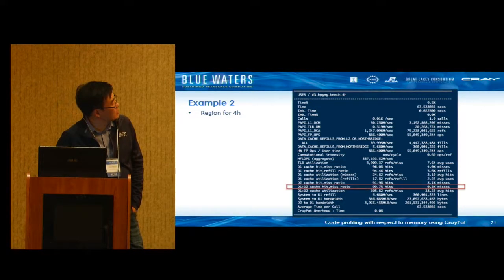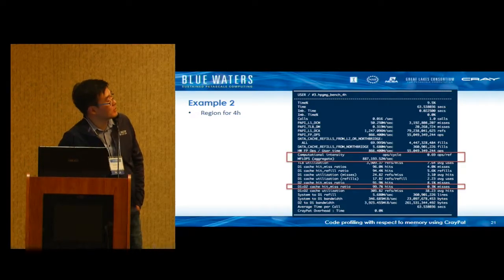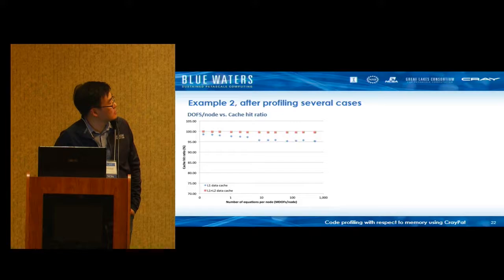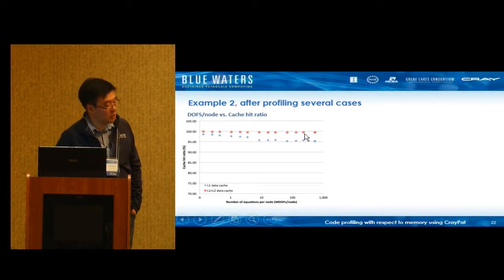For 4H, 99% cache utilization, and the flop rate is 800 gigaflops. After profiling several cases, I could see that in all cases the D1 plus D2 cache ratio is really high, almost 99%. It's really well written code, so it's good for a benchmark.